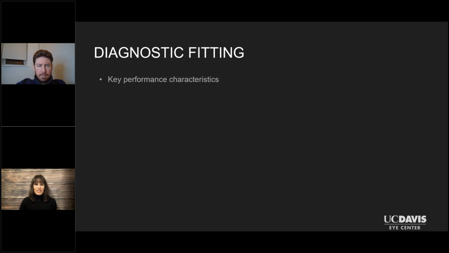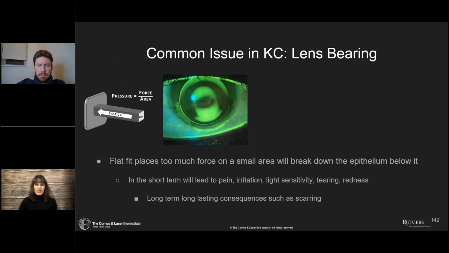When we're fitting our patients, we just want to make sure that the lenses are centered, they're moving well, and that they're comfortable. We can add surface coatings, which I find are really helpful for corneal GPs in general, including those with keratoconus, many of whom have dry eye as well. And we want to avoid lens bearing issues. Obviously, this is what's going to cause epithelial breakdown and corneal scarring.